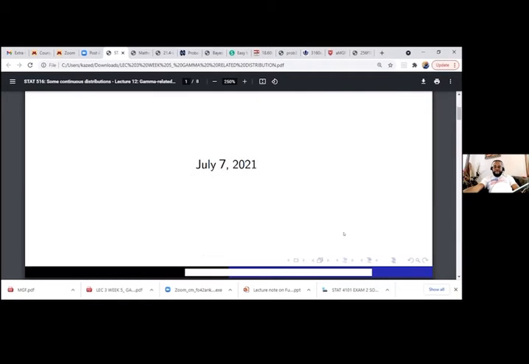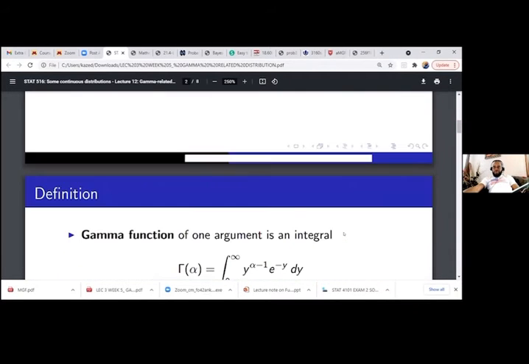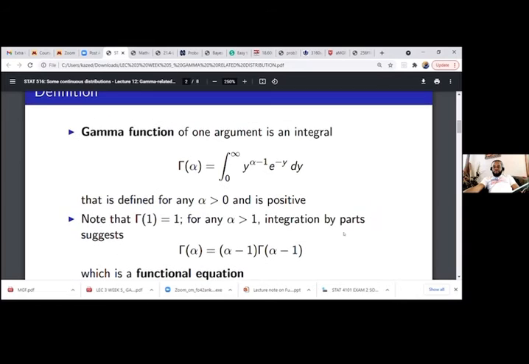You remember yesterday I was talking about the gamma function, right? We're going to use the idea of the gamma function. In fact, I want to tell you that the exponential distribution, normal distribution, Weibull distribution, gamma distribution, and beta distribution are all forms of gamma related distributions.